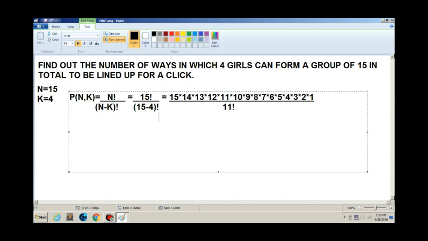So now, let's just copy this over 11 factorial. 11 factorial is equivalent to 11 times 10 times 9 times 8 till 1.